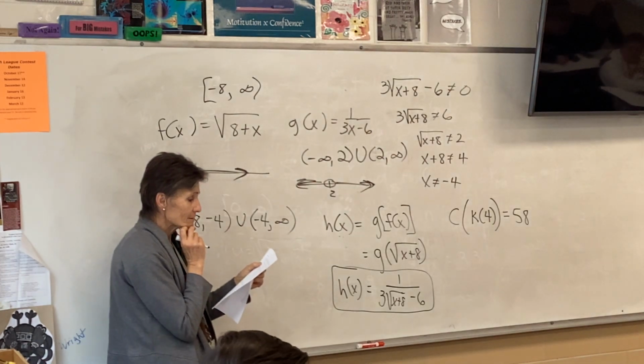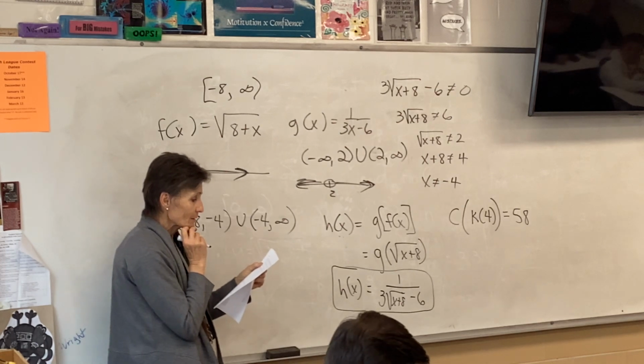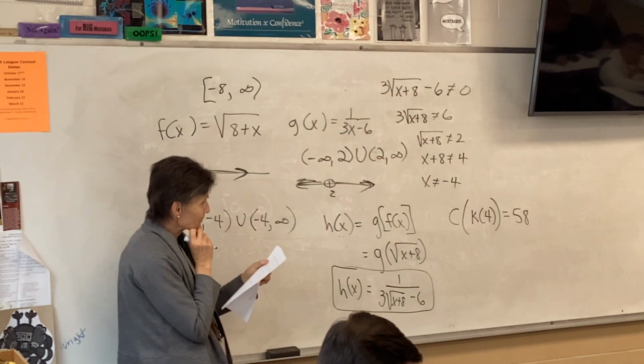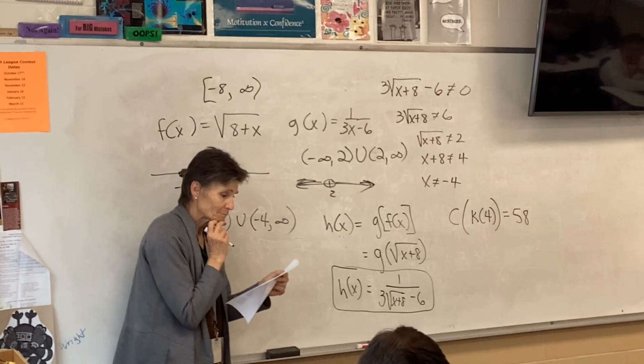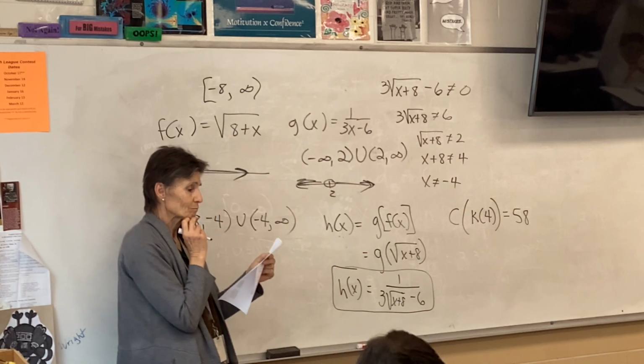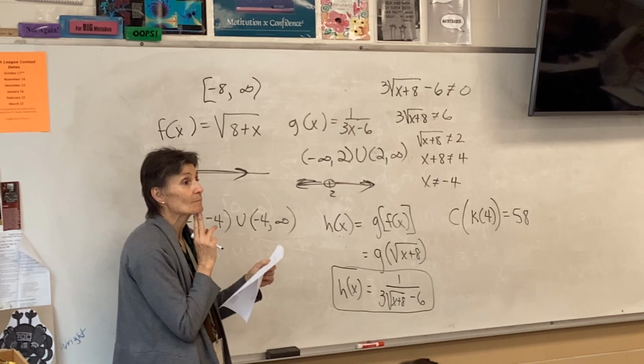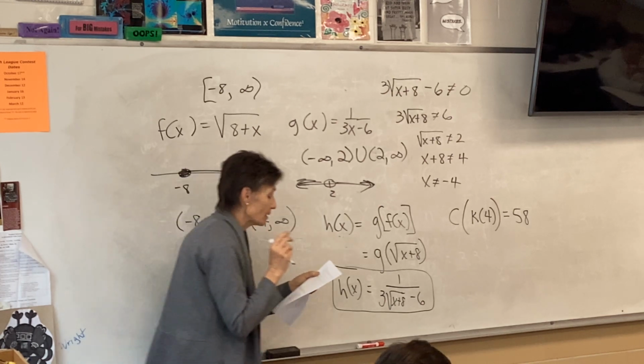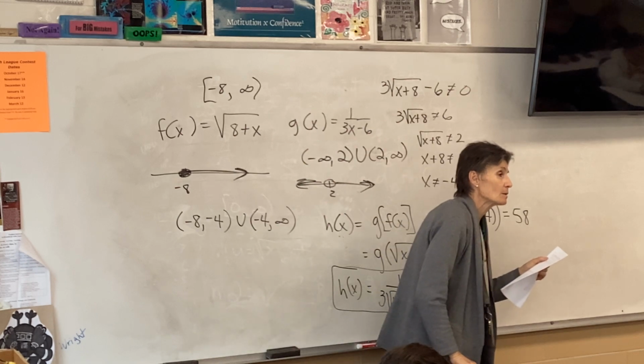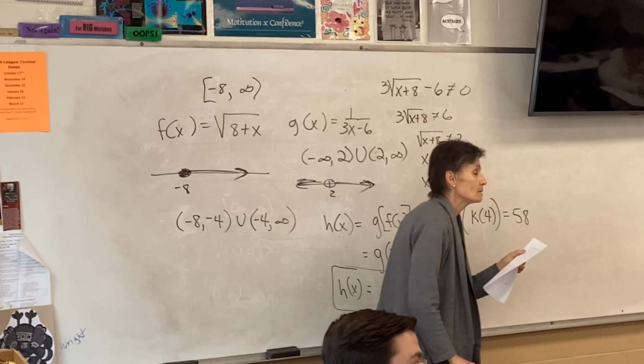What does that mean? Julia? Well, there are 58 kids, there's 4 camp counselors needed.